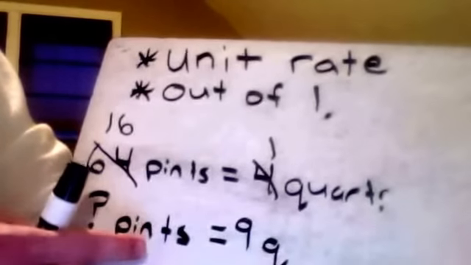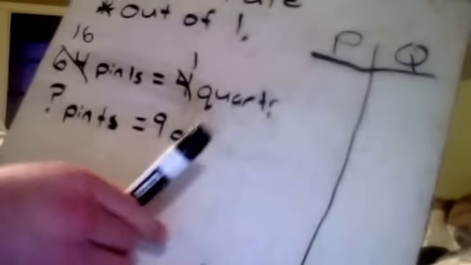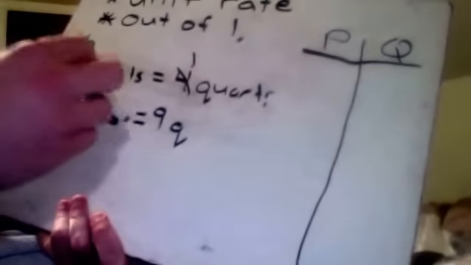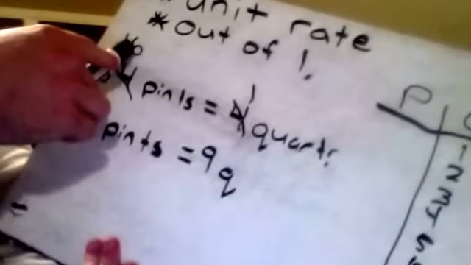There's a couple ways we could finish this one off. I could simply make a little chart here, which is always nice to do if you label things. I can make categories of pints and categories of quarts. We know that we're going to stop when we get up to 9 quarts. So I could just do 1, 2, 3, 4, 5, 6, 7, 8, 9. And you know that every 1 quart is 16 pints.